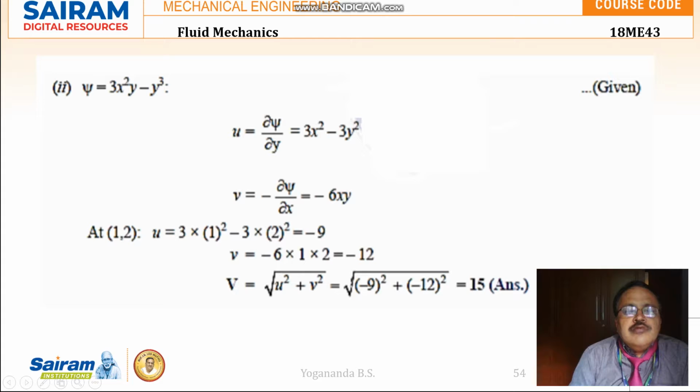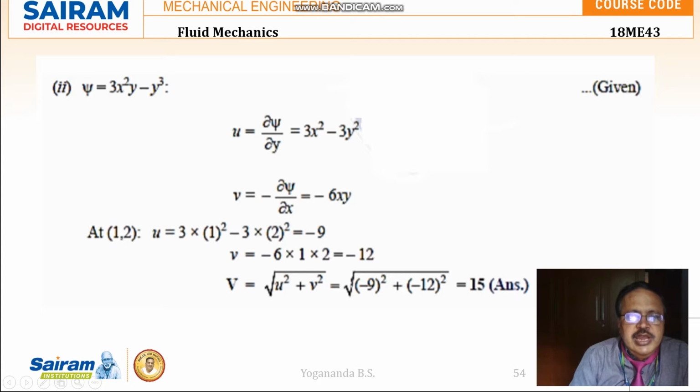The second problem is psi equal to 3x square y minus y cube. We have the stream function psi as a function of x and y. Now for the velocity components u and v, the partial derivative of the stream function with respect to a particular direction gives the velocity component in the perpendicular direction.